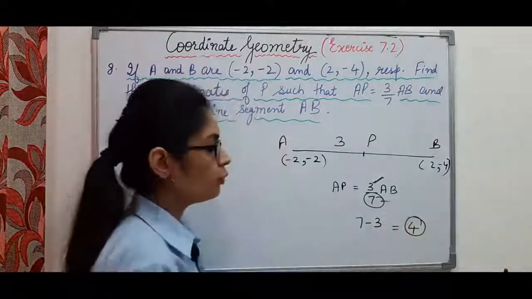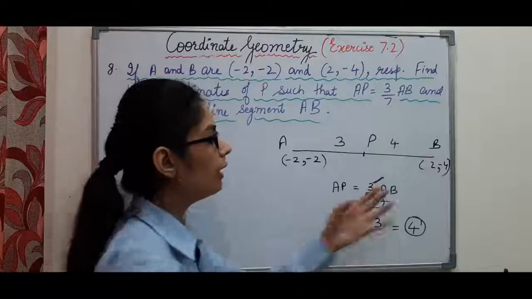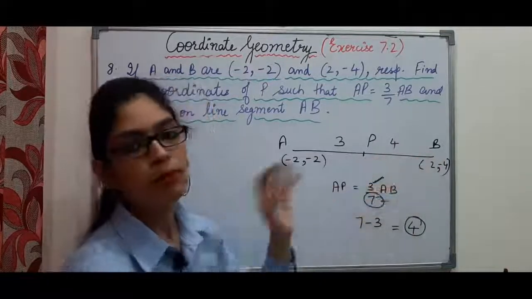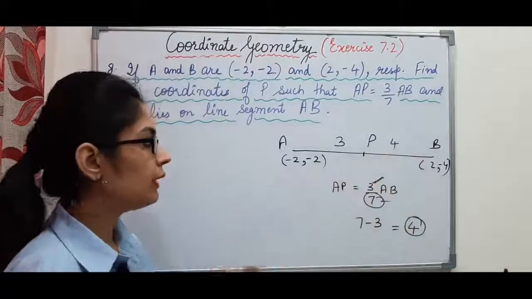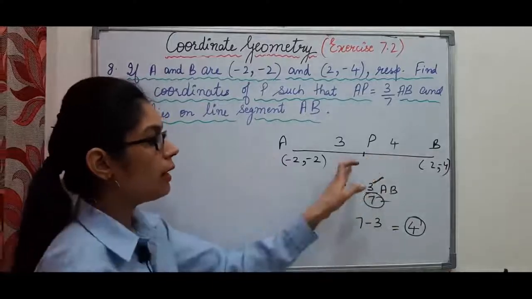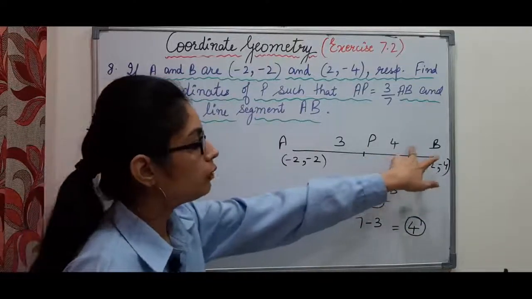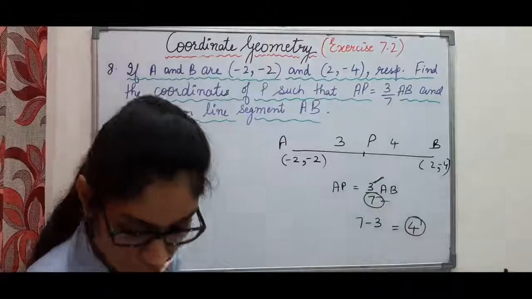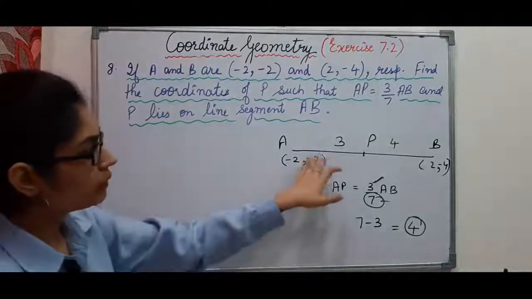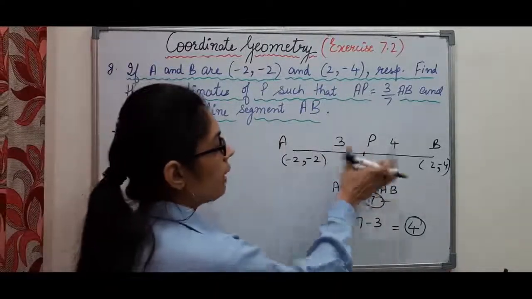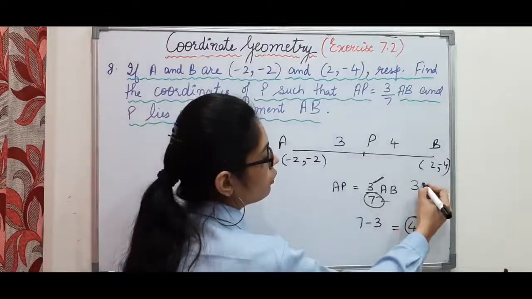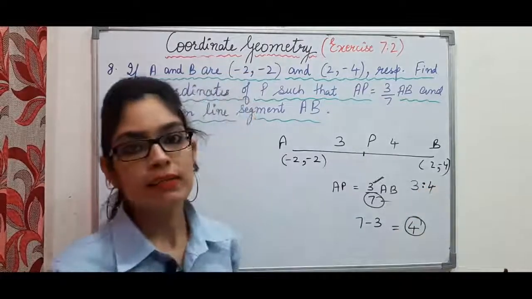So PB, or BP, will have the remaining 4 parts. So this is how we can find the ratio of this line. This is 3 parts, this is the 4th part, which means the ratio of this line is 3:4.